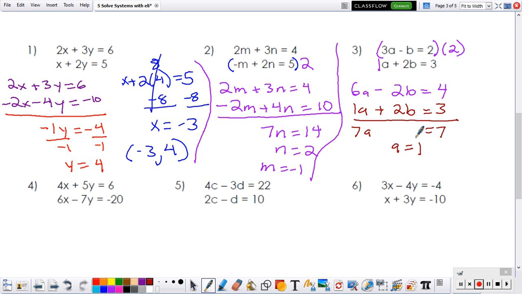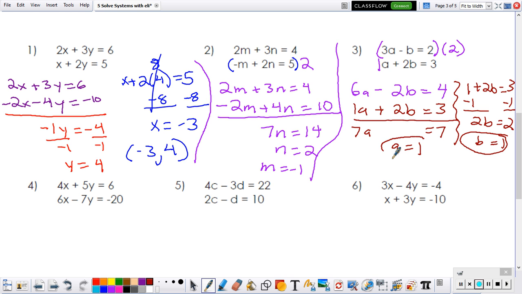Now I'm going to plug back in for this one. I'm actually going to go into the second equation because I think it's easier. So a is 1 plus 2b equals 3, subtract 1. I get 2b equals 2, so b must be 1. Because these aren't x and y, you can just circle them, that's cool.